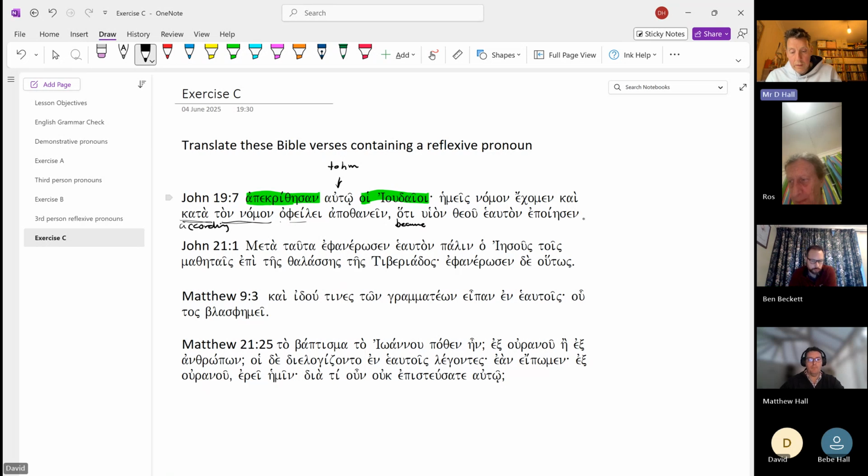And then what we've got here is this reflexive pronoun, which is chucked in the middle here. Huion theou, you probably know the verse, Son of God, and epoiesen, which has come from a verb that we've met before. So poieo, so epoiesen, he made himself, so he made himself Son of God. He made himself the Son of God.